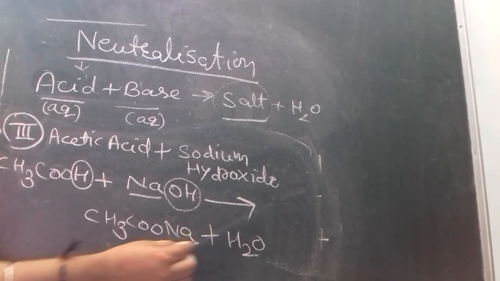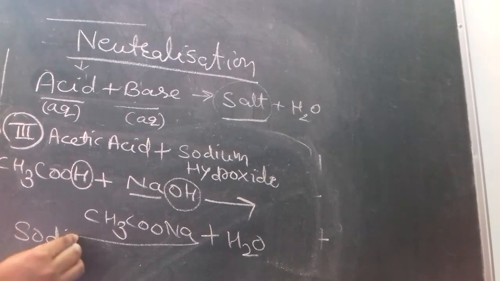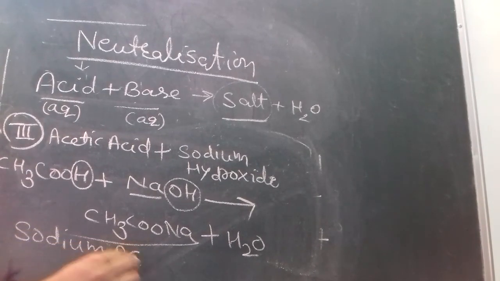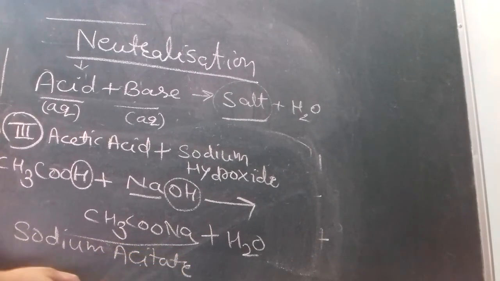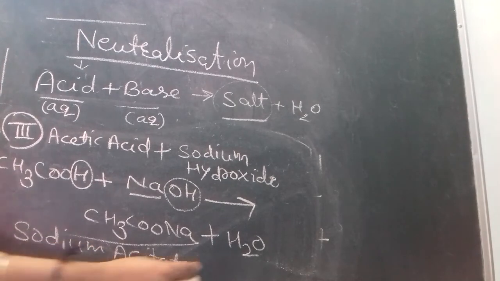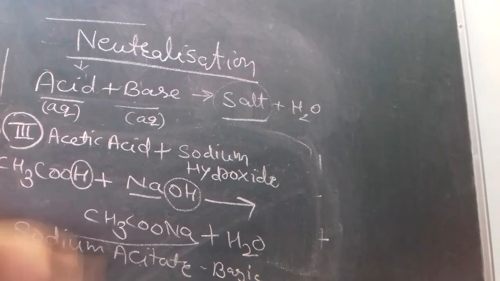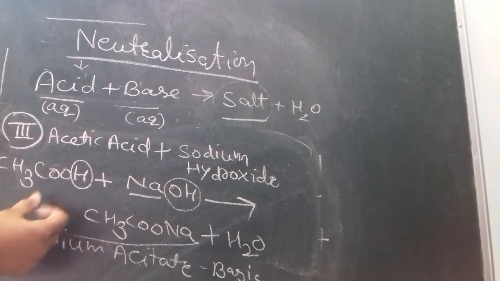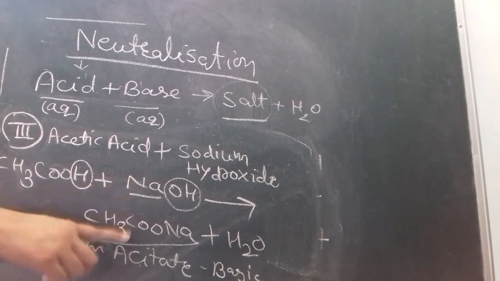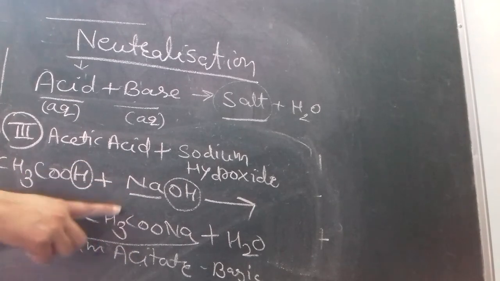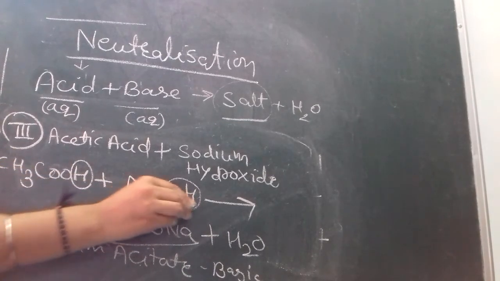This is sodium acetate, and this salt is basic salt. Why? As we have discussed, if weak acid and strong base react with each other, then the salt becomes basic because it has more concentration of hydroxide ion.